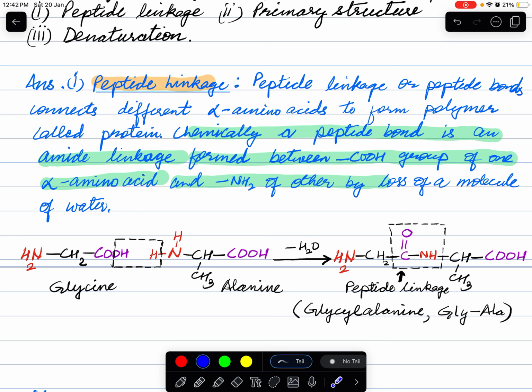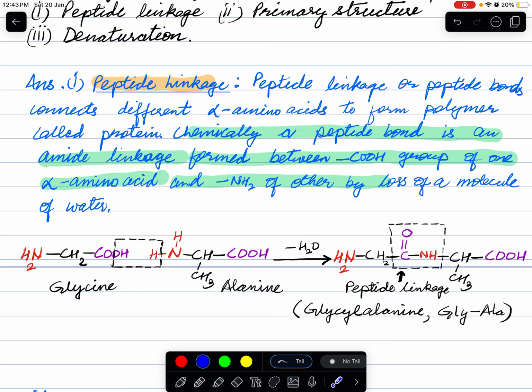We eliminate a molecule of water, that is H2O, and whatever residue is left combines to give a peptide linkage. So it is basically an amide linkage, the bond which is present in amides, and this is called a peptide linkage. Here two amino acids are connected by a single bond, so it is called a dipeptide.